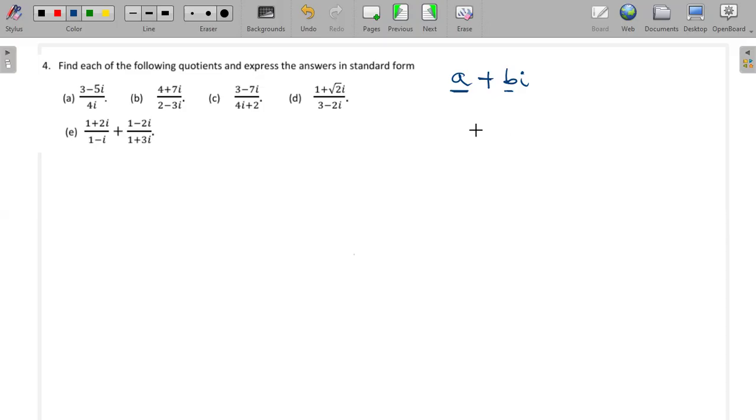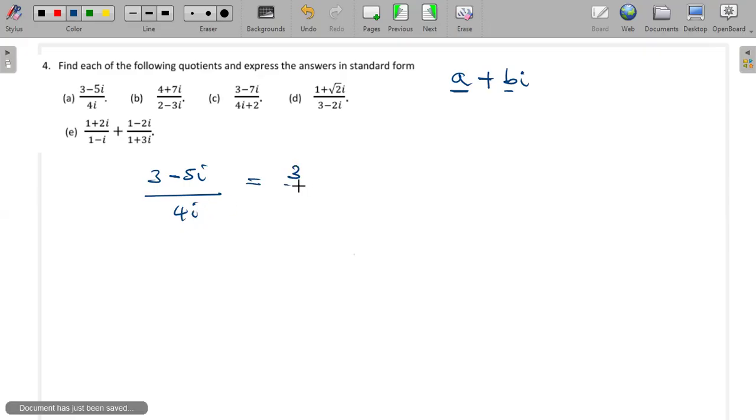So they want us to express them in this standard form. For the first, we have 3 minus 5i over 4i. How can we express this in standard form? You just divide each part by 4i.